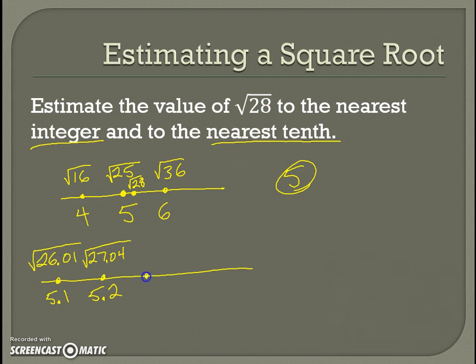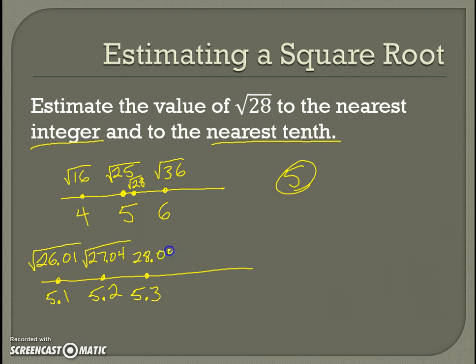So let's go up to my next tenth, which would be 5.3. And 5.3 squared is 28.09, and that is darn near close to radical 28. So we could go on to another one if we keep going to get 5.4, and hopefully by this point you see the pattern, and that's going to be 29.16.